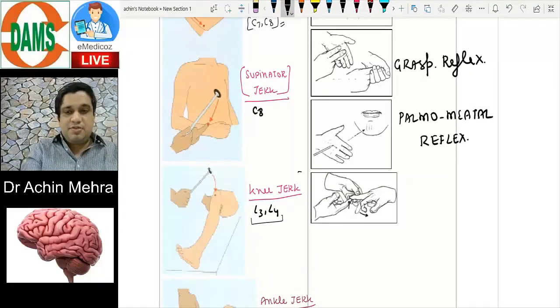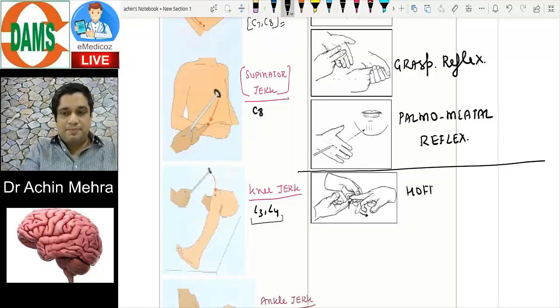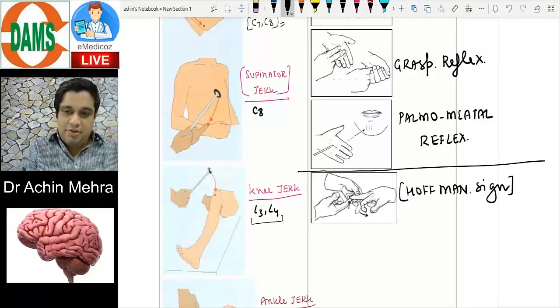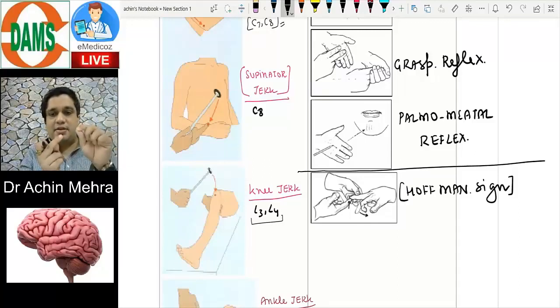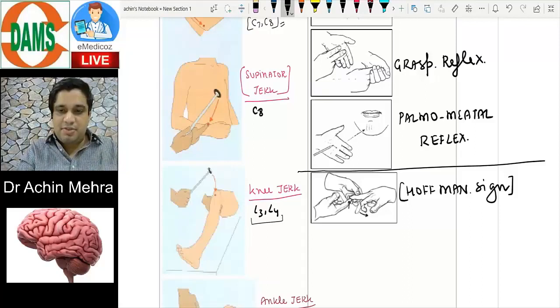This sign, the last one, has been asked quite recently, is the Hoffman sign. Okay, so maybe this image may be a reverse Hoffman, but it's fine, but we should know what is Hoffman sign. Here we try to catch the terminal phalanx of the patient and extend it. When we try to catch the terminal phalanx of the patient and try to extend it, in this Hoffman sign, there is going to be flexion of the thumb, and can be some flexion of the index finger also.